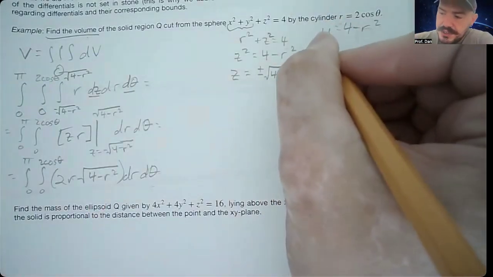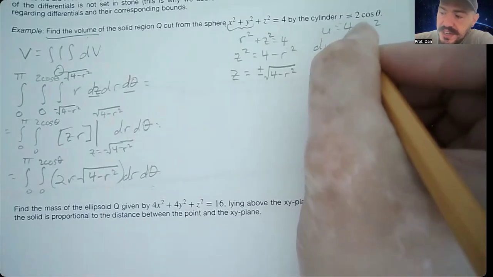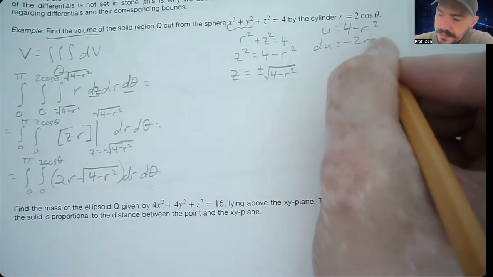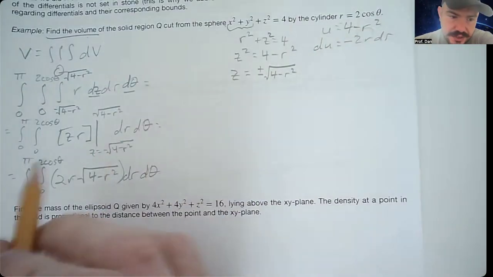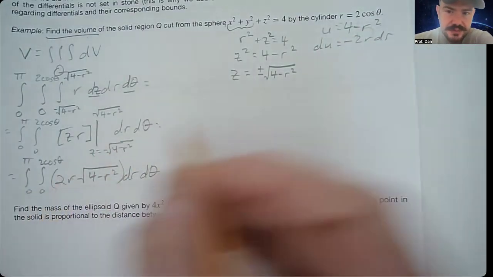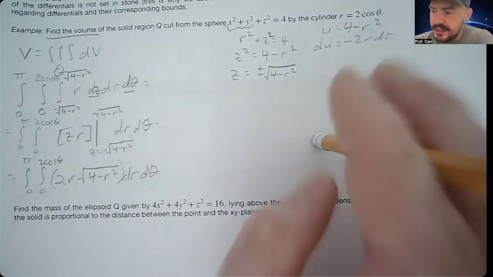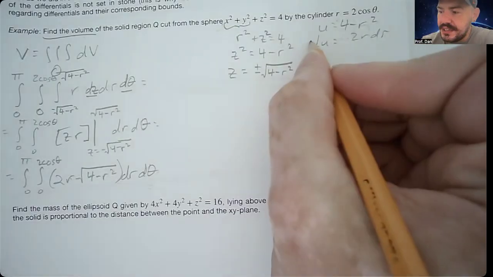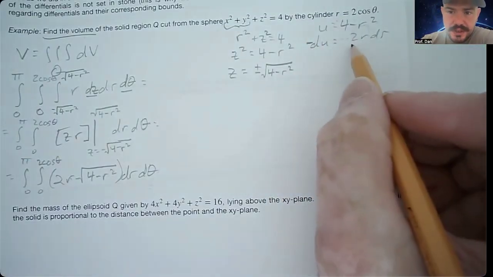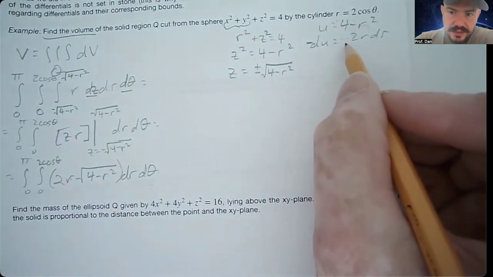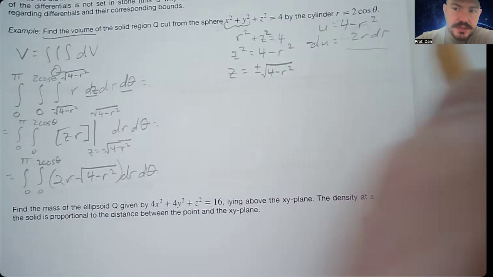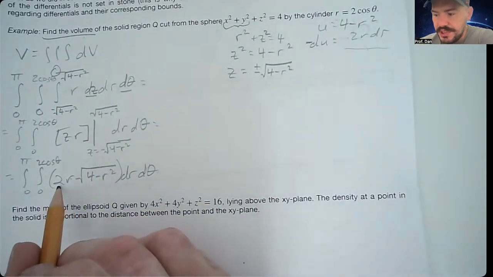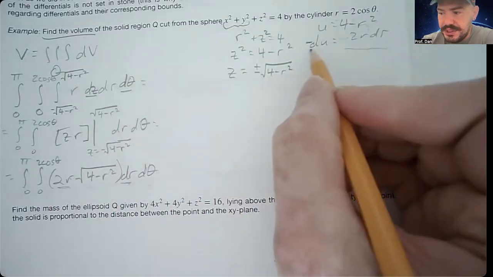When I take my differential, I get du is equal to negative 2r dr. The thing is, I don't have that multiplying negative in my integrand. So if I multiply or divide both sides by -1, I can rearrange this so that what I have on the right side exactly matches what I have in my integrand. Right? So I can directly replace 2r dr with negative du.